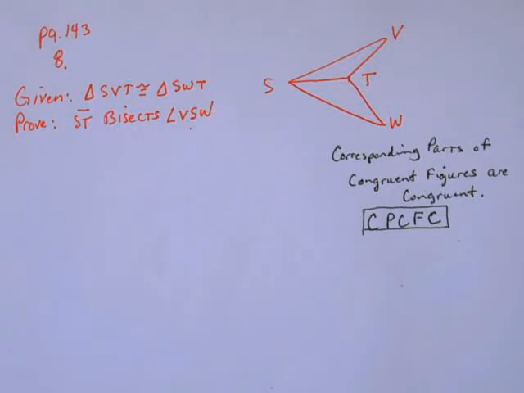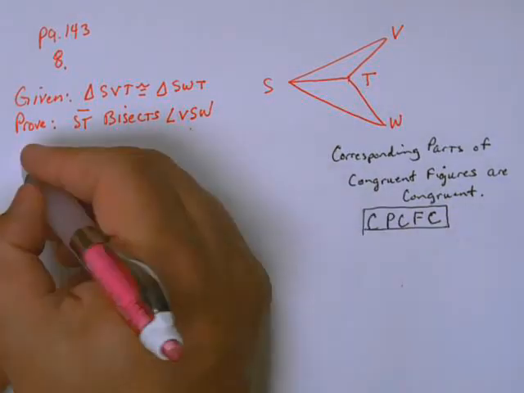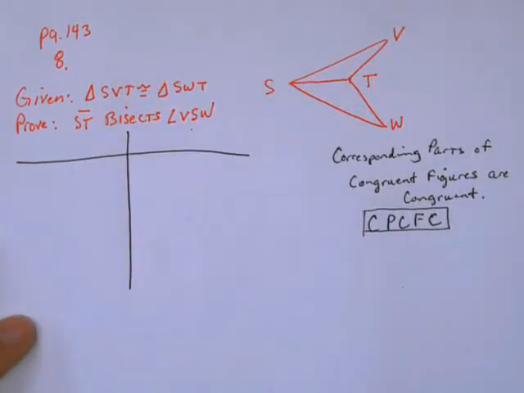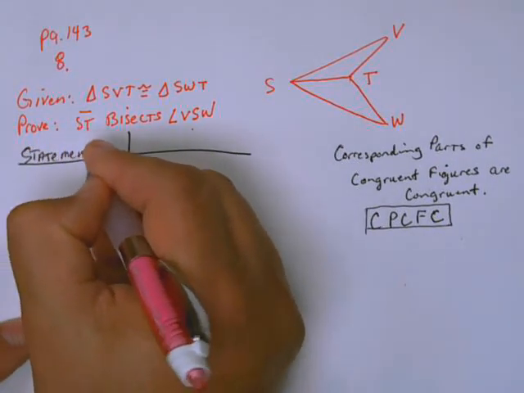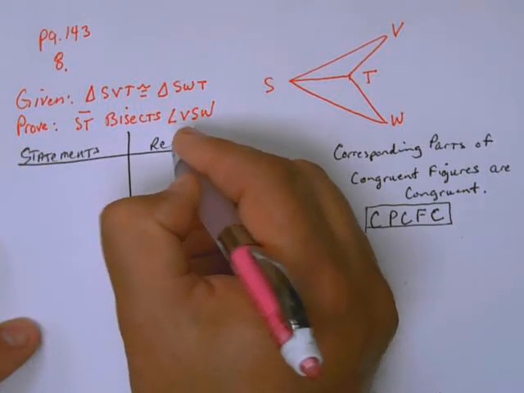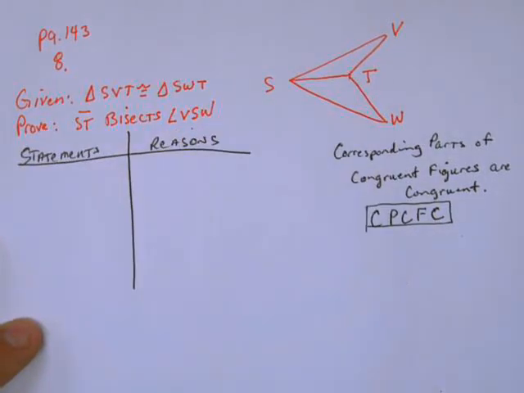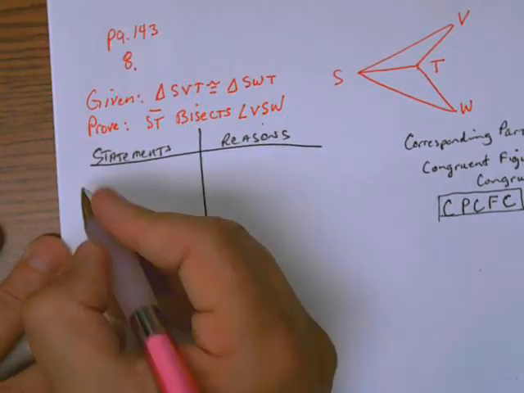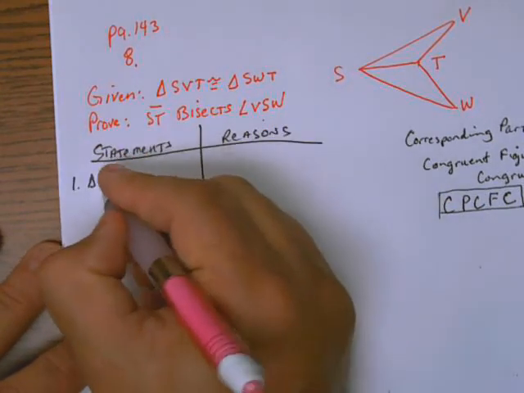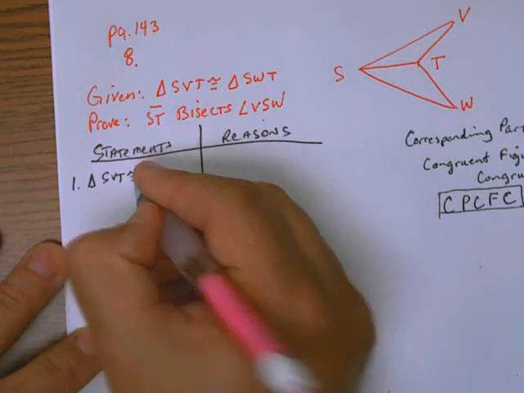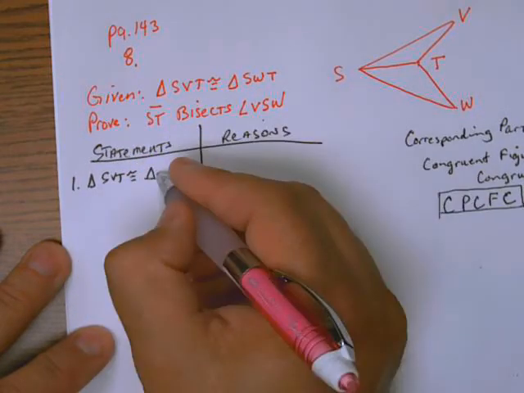Okay, so let's go ahead and do the structure of our proof. We have statements. We have reasons. Usually statement number 1 is our given, so let's go ahead and write that in. Triangle SVT is congruent to triangle SWT.